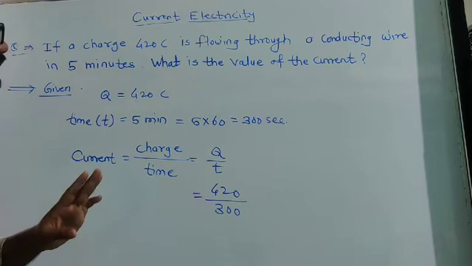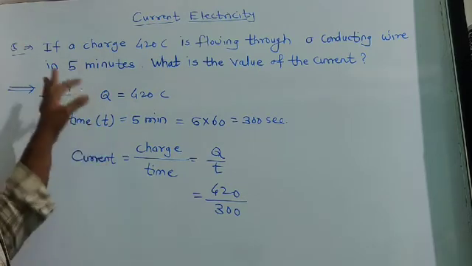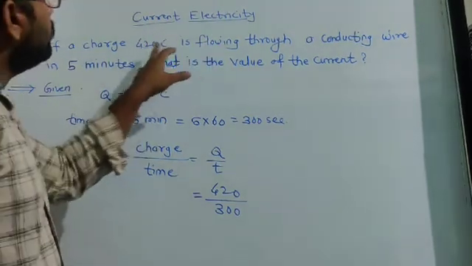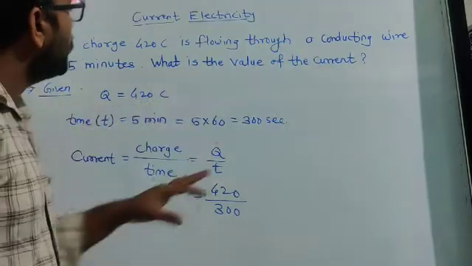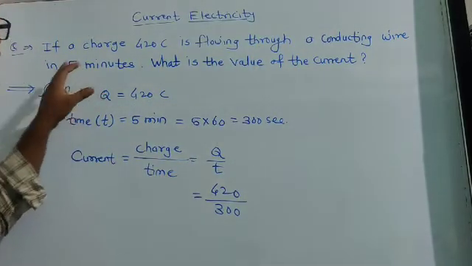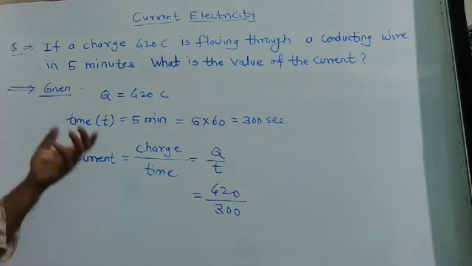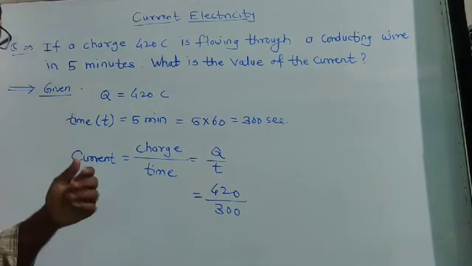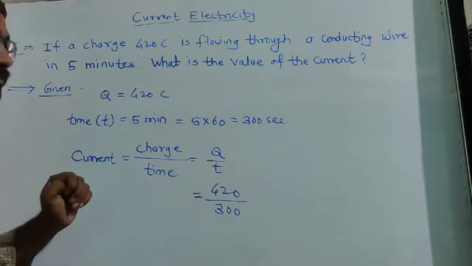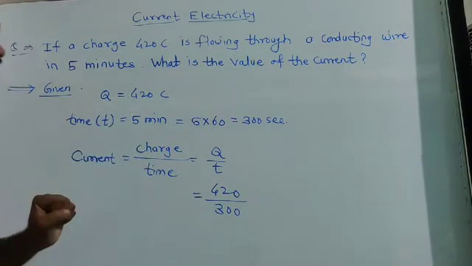That is the first piece of information. Then, 420 coulomb is flowing through a conducting wire in 5 minutes. Minutes means time, so time is also given, which is represented by T. It is 5 minutes.